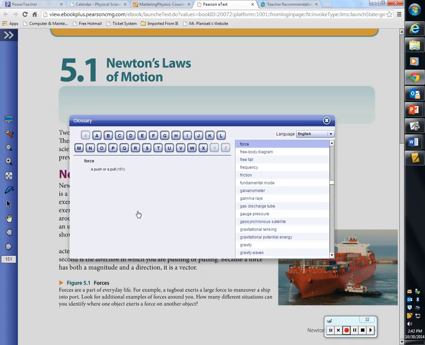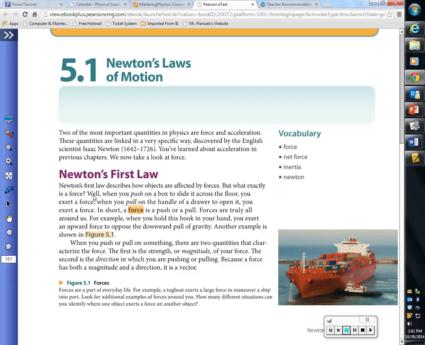That's what forces do. And so Newton takes these ideas. One other thing, right underneath the definition of force on your page, you have this paragraph right here, okay? And it says, when you push or pull something, there are two quantities that characterize the force.